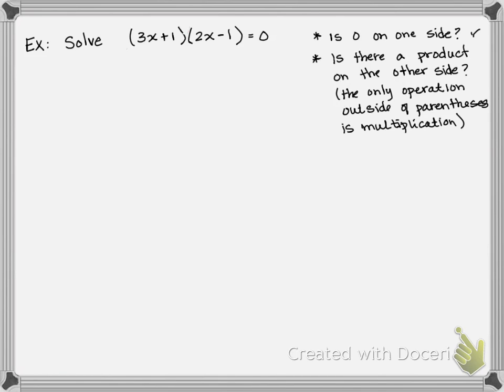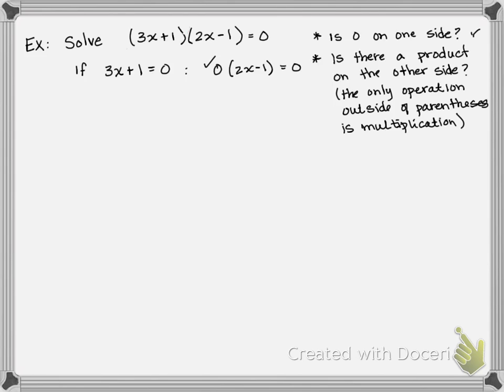So I have two things multiplied to give me a product of 0, which means that if 3x plus 1 equals 0, would that make this equation true? Yes, it would, right? I would have 0 times 2x minus 1 equals 0, which is true, because it wouldn't matter what 2x minus 1 was.